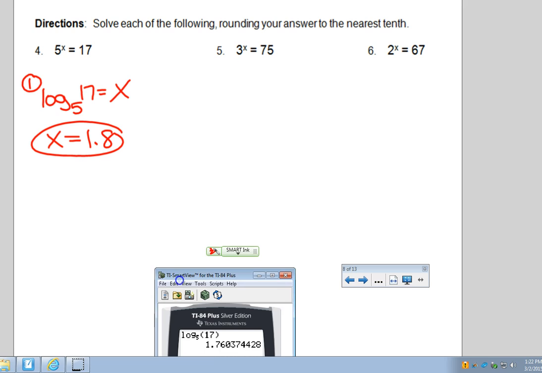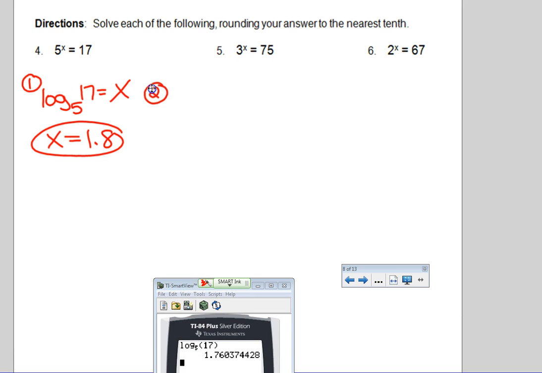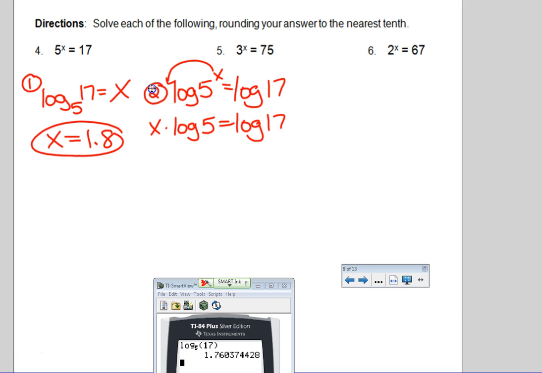Okay, and then the other way you could have done it again is to take the log of both sides. The power goes in front if I use my rules. Break apart the log 5 off of x by doing the opposite operation, actually the inverse operation, which would be dividing by log 5.